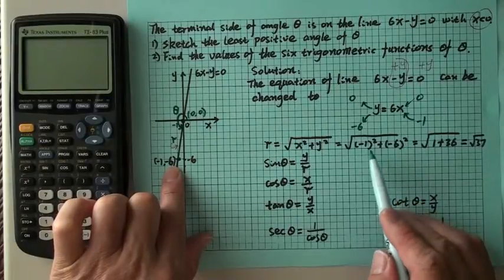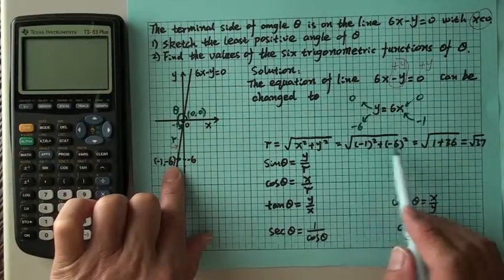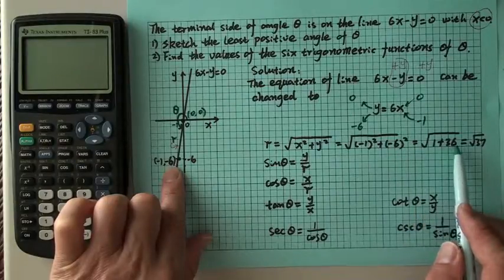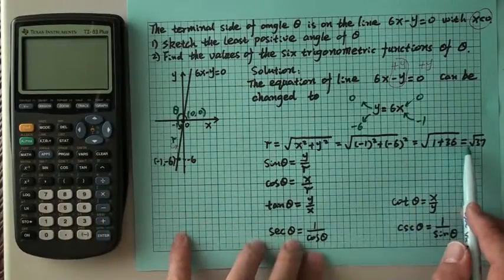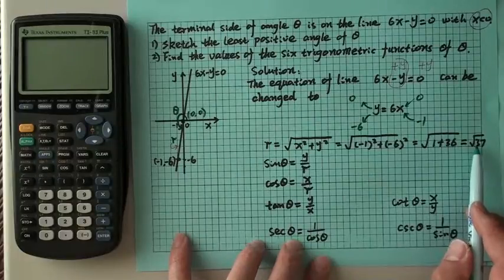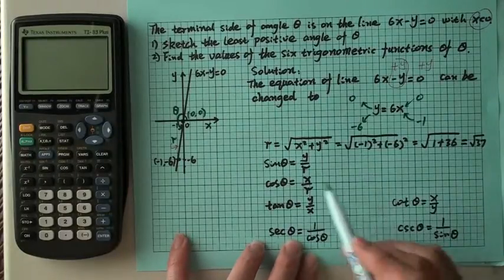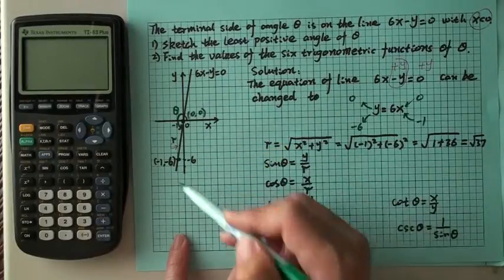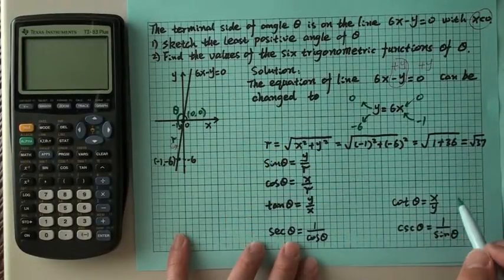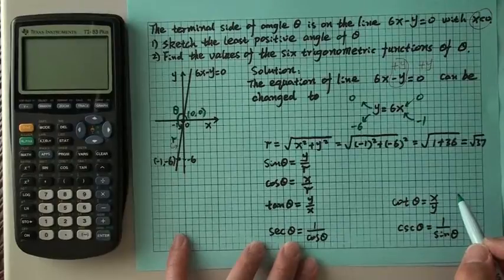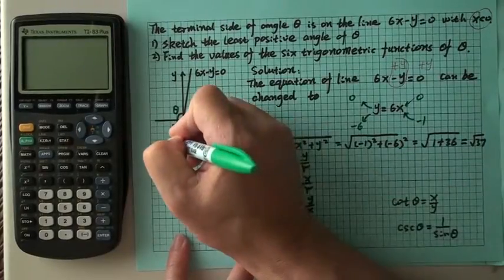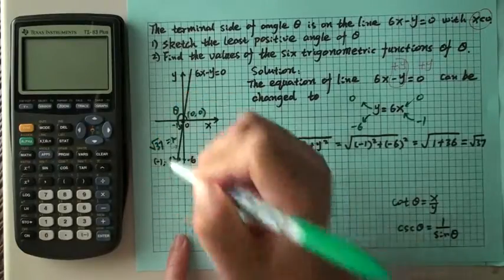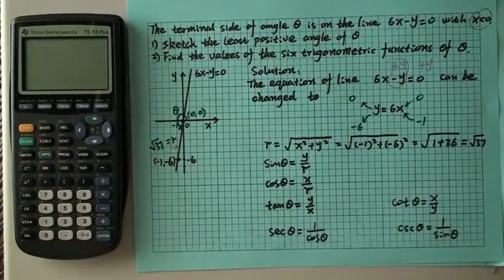Negative 1 squared is positive 1, negative 6 squared is positive 36, which gives radical 37. So this segment r is radical 37.